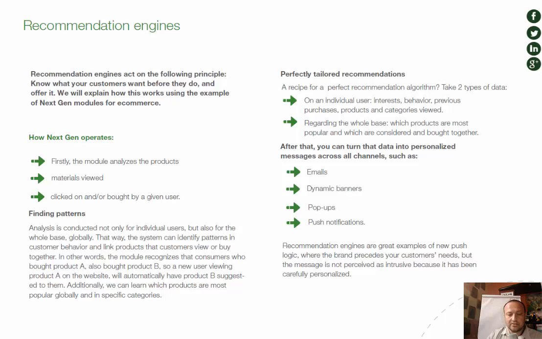Additionally, we can learn which products are most popular globally and in specific categories. Perfect tailored recommendations. A recipe for a perfect recommendation algorithm. Take two types of data. On an individual user's interests, behavior, previous purchases, and products and categories viewed. Regarding the whole base, which products are most popular and which are considered and bought together.